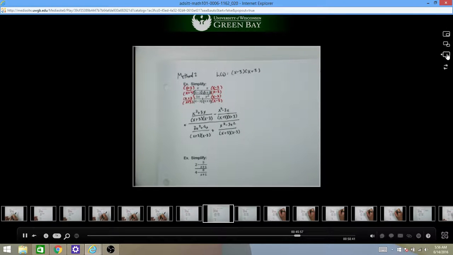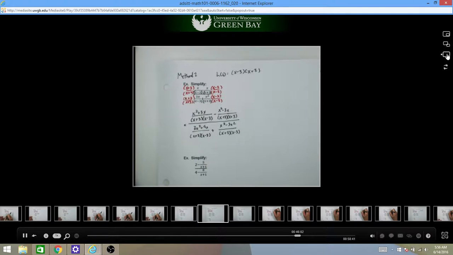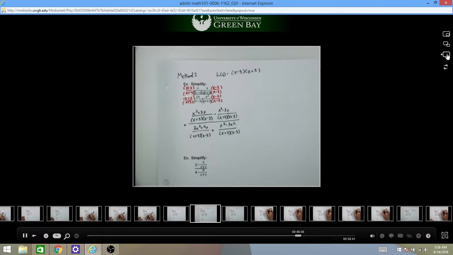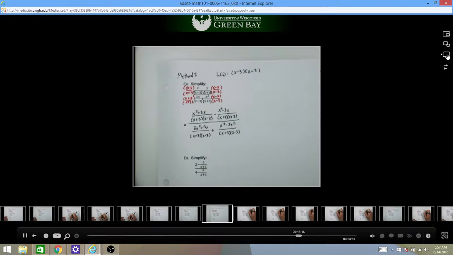So we build up the little fractions so that both the ones that you're adding or subtracting have the same least common denominator. And then in the numerator now we'll go ahead and subtract. So that minus will distribute. You'll get minus x squared plus 3x.